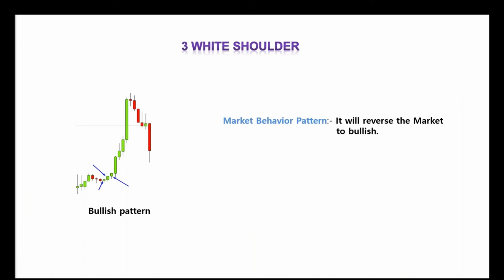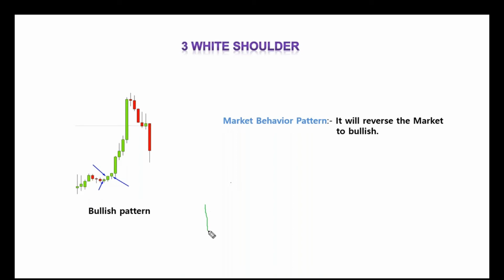This one is a very favorite for me. It is constructed with a three candlestick formation, and every candle should be a bullish candle, and every candle should be one above the other.